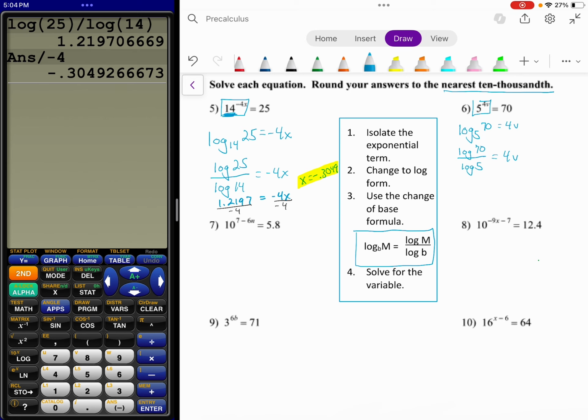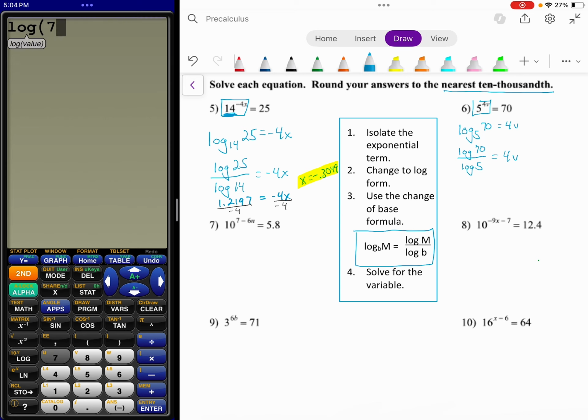We're going to come over to our calculator. We'll go ahead and clear this. We're going to do log of 70, close the parentheses, divided by the log of 5. And we get 2.6397 equals 4v. And then we're just going to divide both sides by 4 to solve for v.